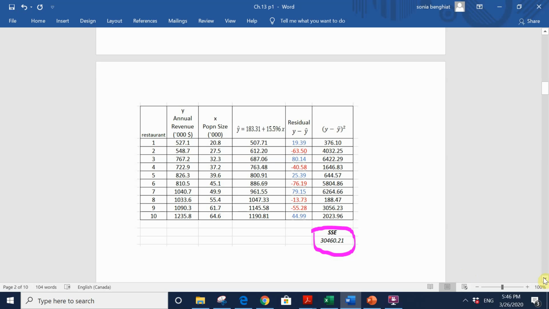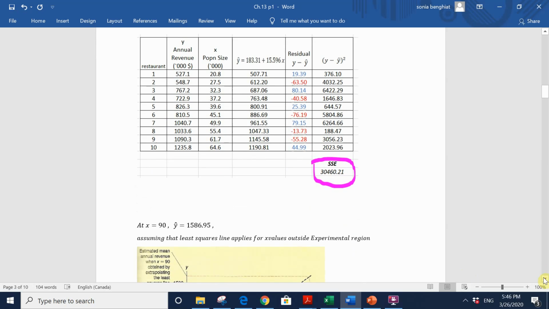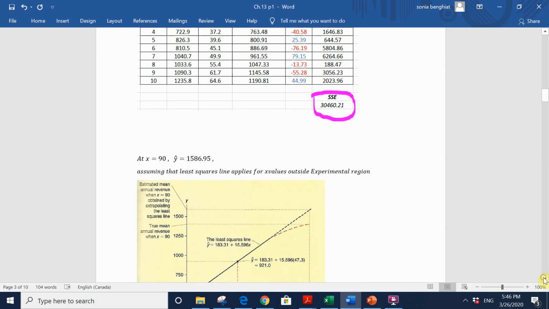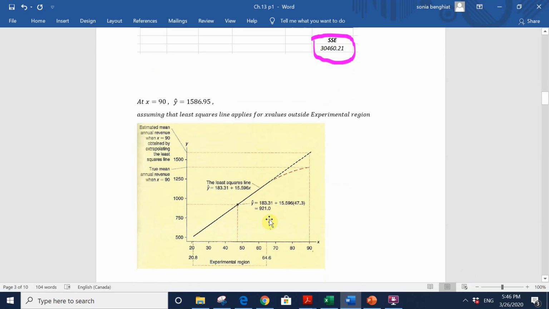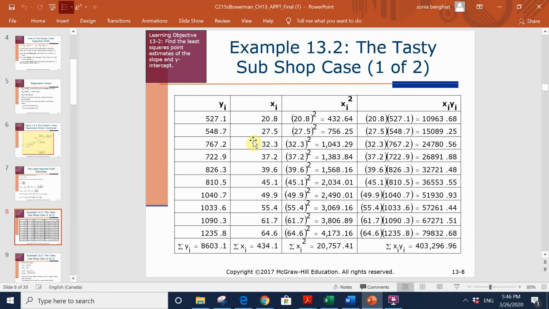Okay, let's just continue on over here. I was talking to you before about the experimental region being defined by the range of values that x covers in our sample. But what if I wanted to go beyond my range of values, which was 20.8 to 64.6?